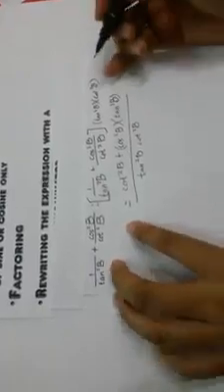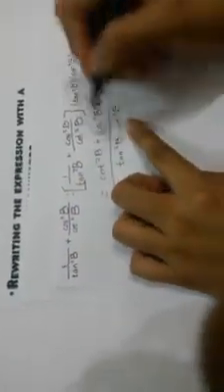as you can see, tan squared and cotangent squared are now in one term.